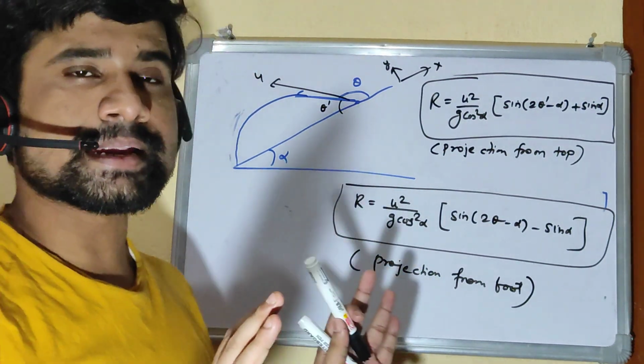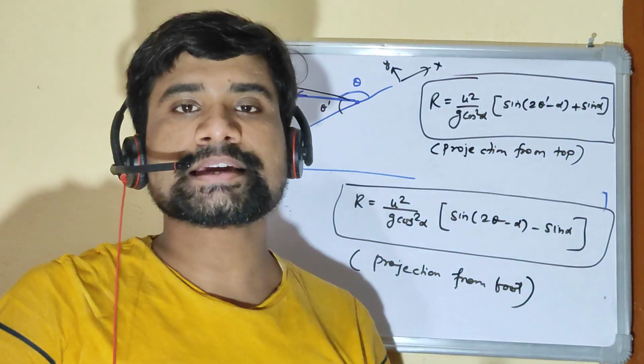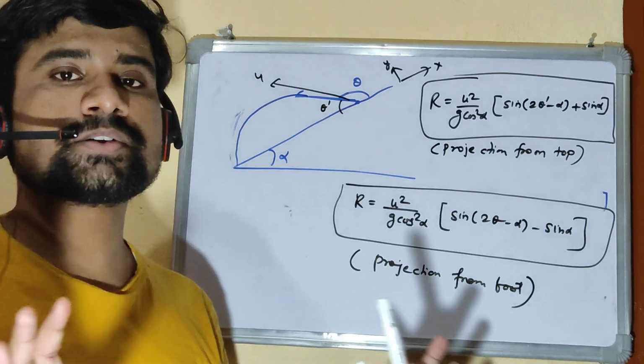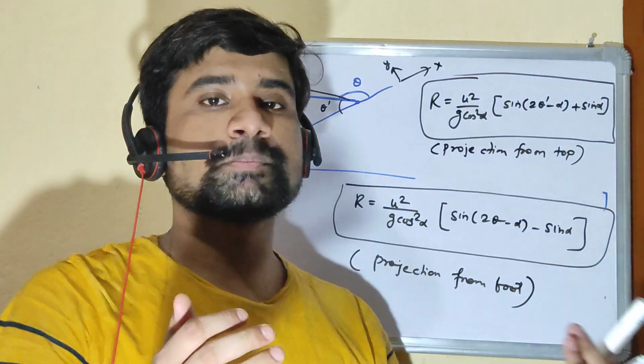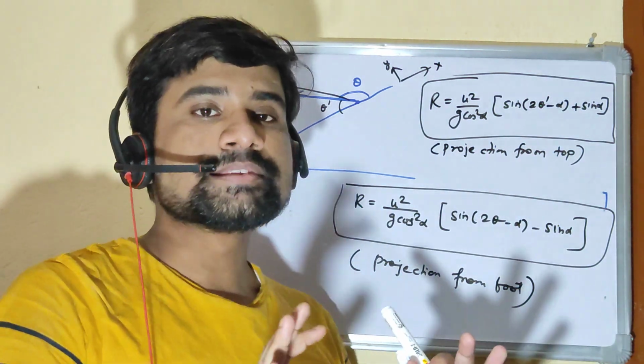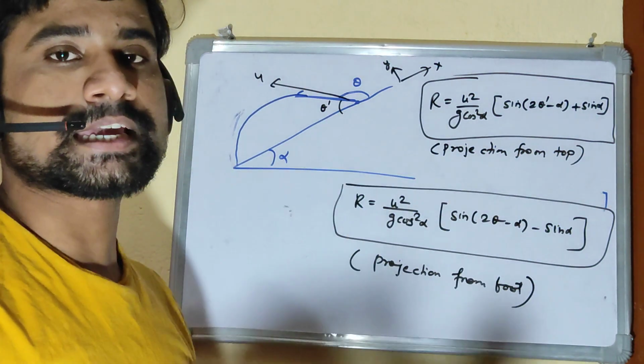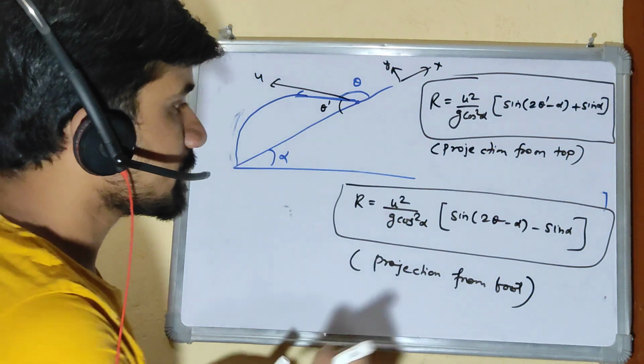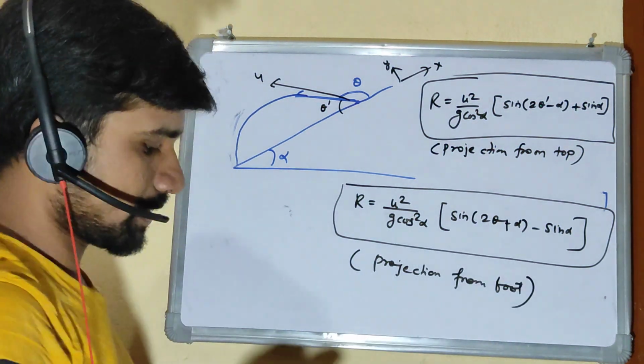So you can derive all these expressions analytically also if you know the basic concepts of projectile, how we deal with motion in a plane, how we can separately take x and y axis one at a time and solve different expressions, find time, find range. Yeah, this would be plus of alpha, right?